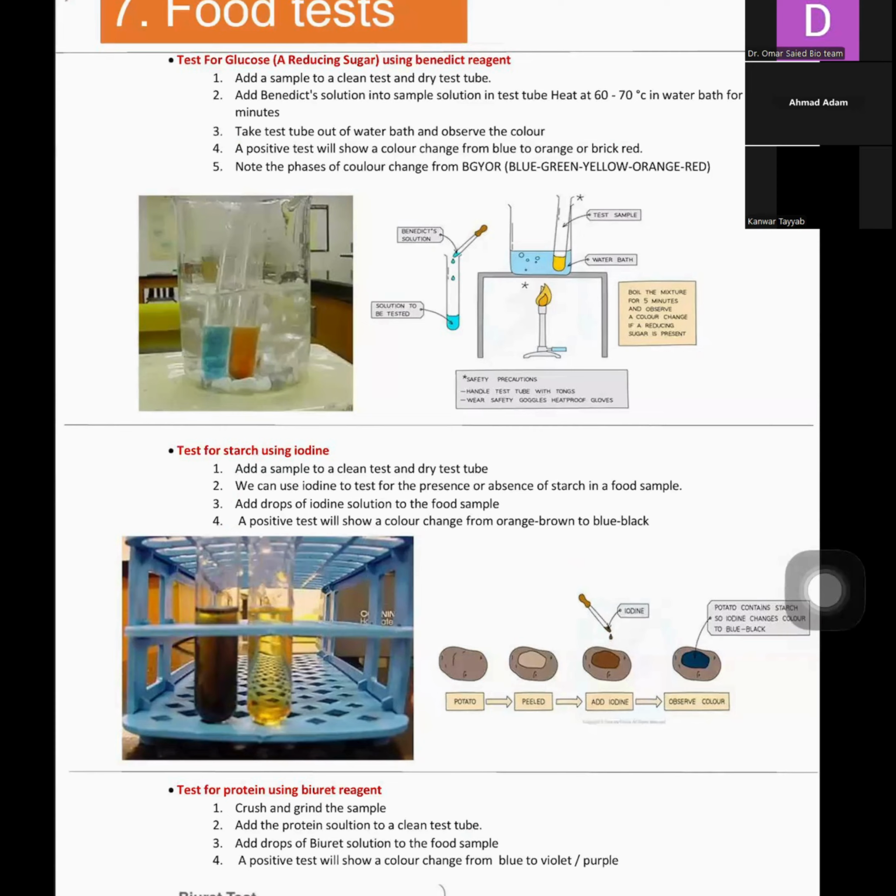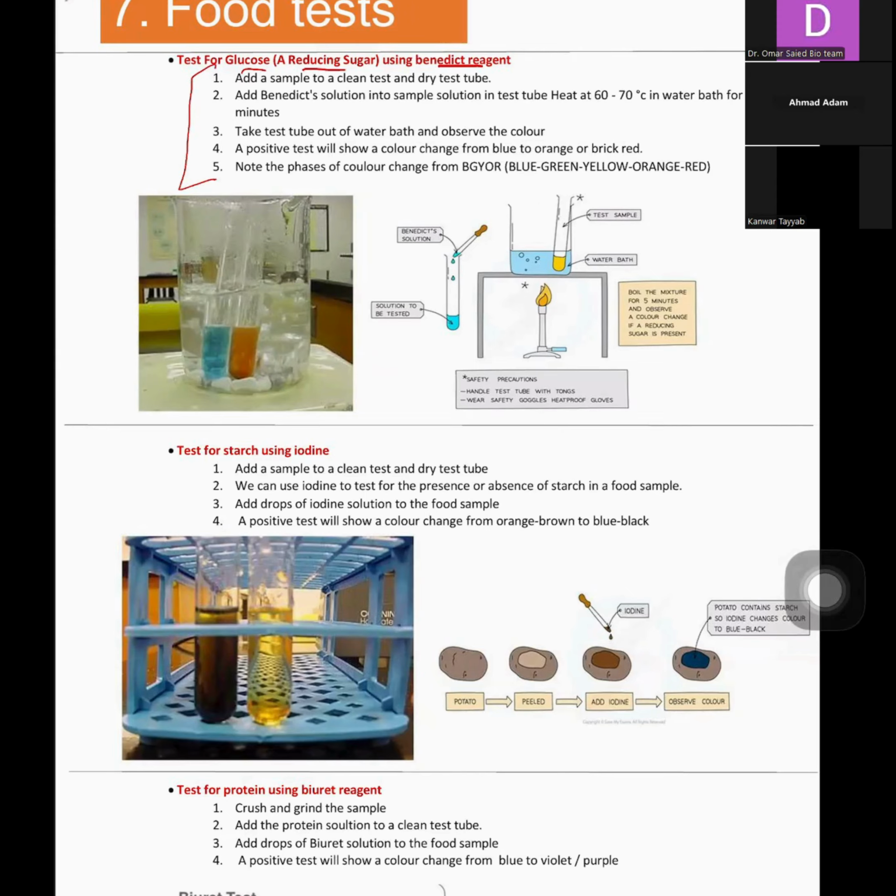Next, very important to know food tests. Please go for food tests, please. Number one, test for glucose or reducing sugar using Benedict's reagent. Very important to understand the steps. It always comes in the exam.